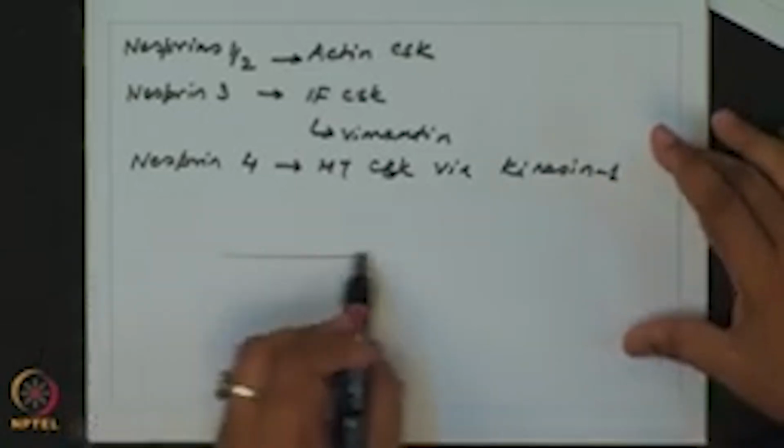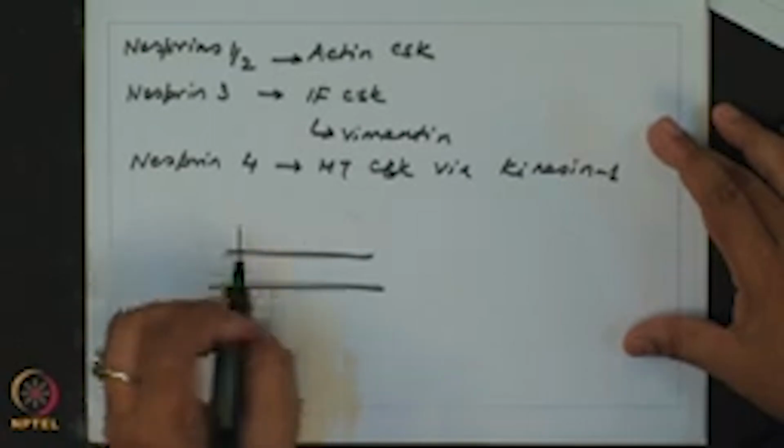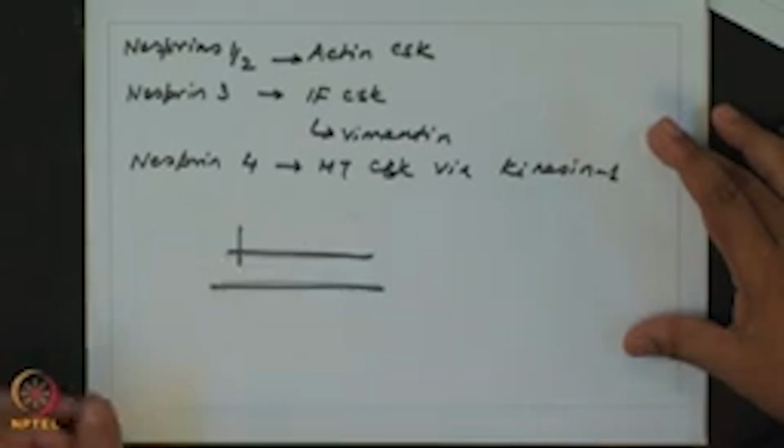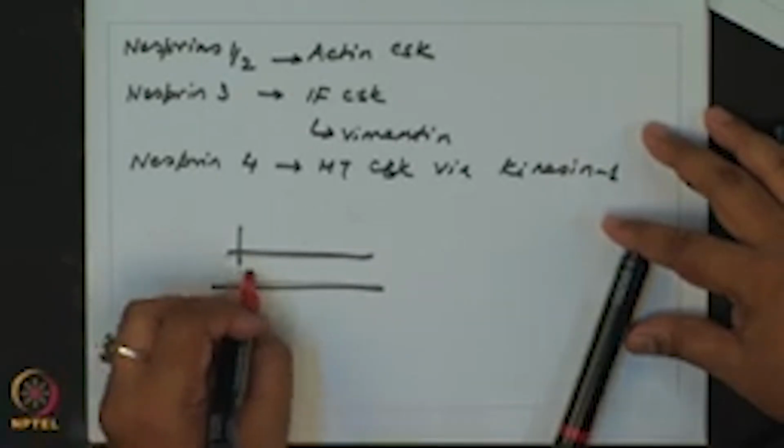Okay. So, if I draw the membrane in a little more detail, let us say if you have these nesprin molecules, they are known to bind to some proteins called sun proteins.